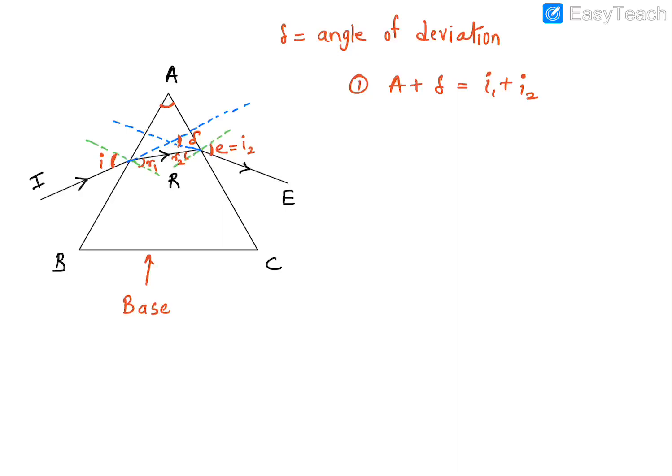A stands for angle of prism. Delta stands for angle of deviation. A plus delta is equal to the two angles of incidence. Okay. Angle of deviation is also given by the formula I1 plus I2 minus the angles of refractions, R1 plus R2.